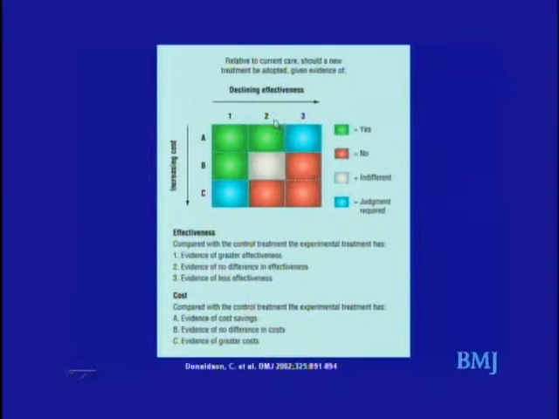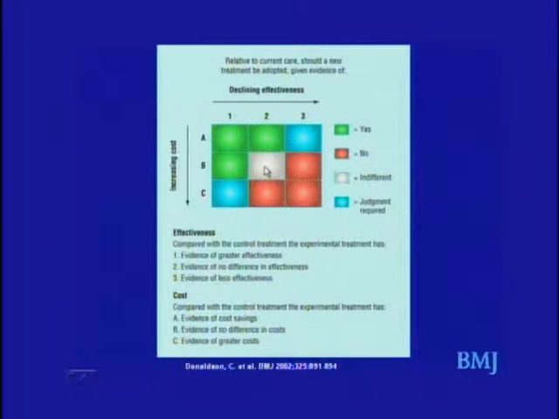So as you go across in this example, if your intervention is more effective, so in the case of a diagnostic test, if it gives you a more accurate result, then that's going to be somewhere here in column 1. Column 2 is equivalent accuracy. Column 3 would be it's less accurate. And then you can go across in rows. Row A is things that cost less. Row C is those that cost more, and row B are neutral.